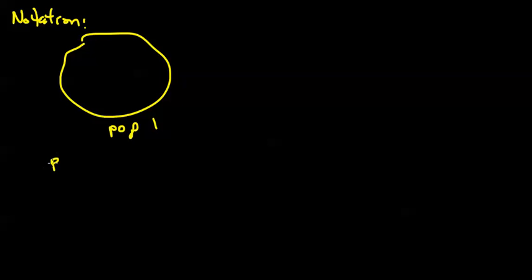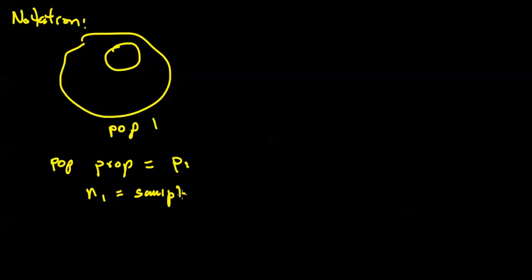As we've said before, the population proportion with some desired characteristic of interest we want to put under test, like cancer rate, like left-handedness, like having blue eyes, whatever, we'll call it P sub 1. Now we're going to be drawing a sample from this population 1, and N sub 1 is going to be the sample size, the number of elements in your sample.